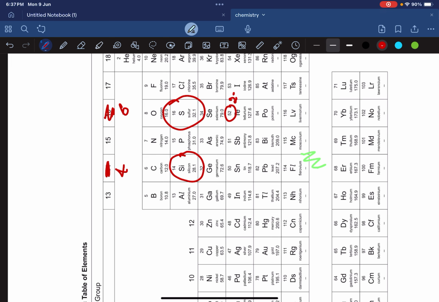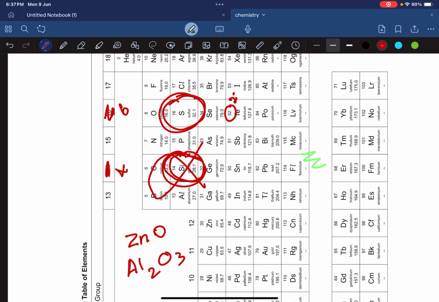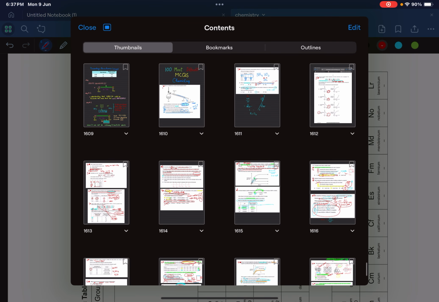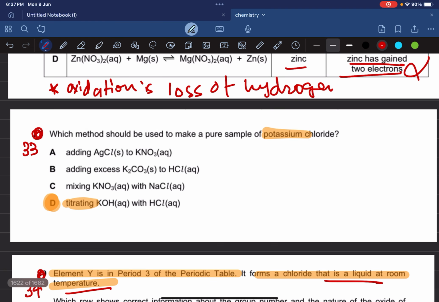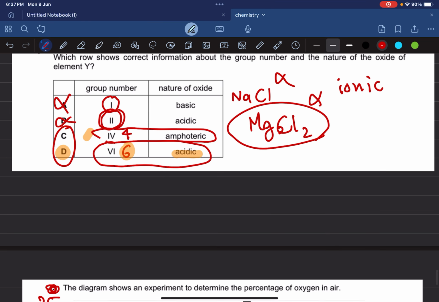So I know that silicon oxide is not amphoteric because I have not read about it. The only two amphoteric oxides in my syllabus are zinc oxide and aluminum oxide. So I don't know about silicon oxide if it's amphoteric or not, but for sulfur oxide, I know for sure it's going to be acidic. Why? Because it's a non-metallic oxide, and I know that all the non-metallic oxides are acidic oxides. So option D is going to be correct.